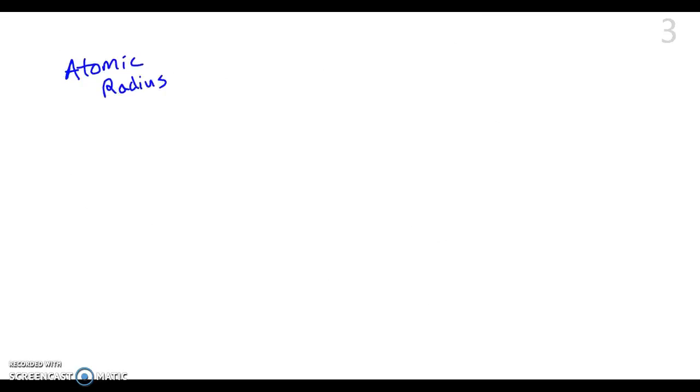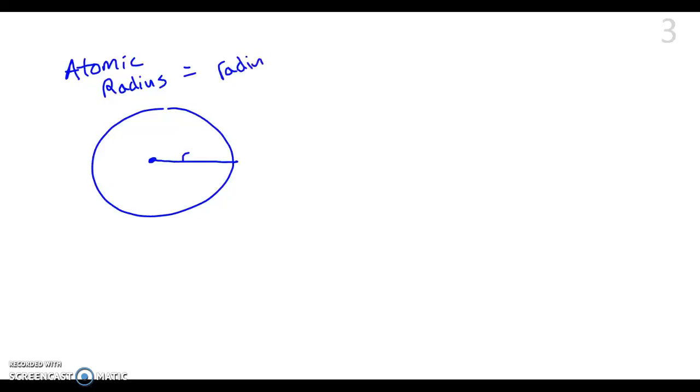Now, as usual, what is a radius? If I have a circle, a radius is the distance from the center to the outside, and it's the same across the whole circle. So imagine this is an atom. The atomic radius literally is the radius of an atom. Now, more specifically, you have a hard time measuring that distance. So if we put two atoms together, we measure the distance between each nucleus, the distance between the nuclei.